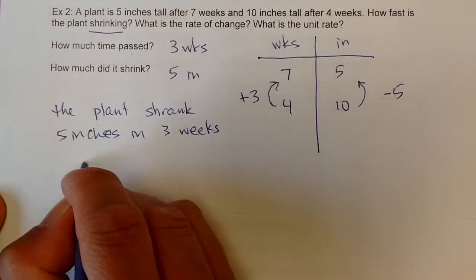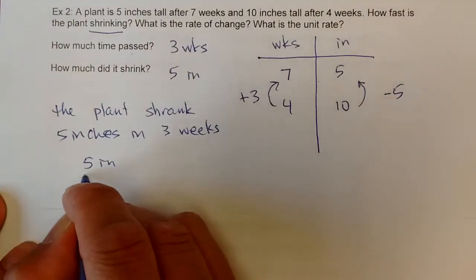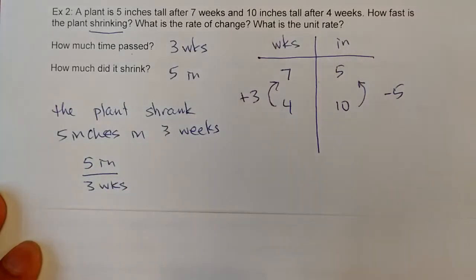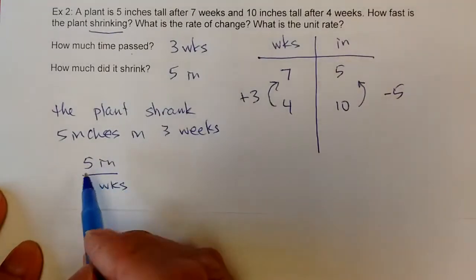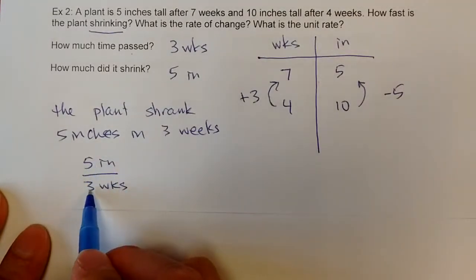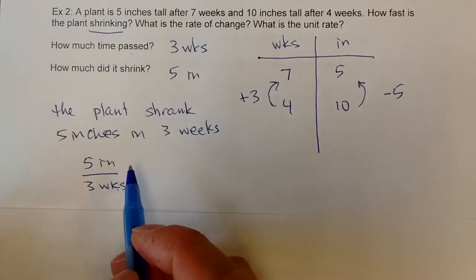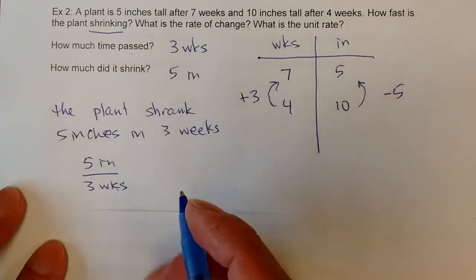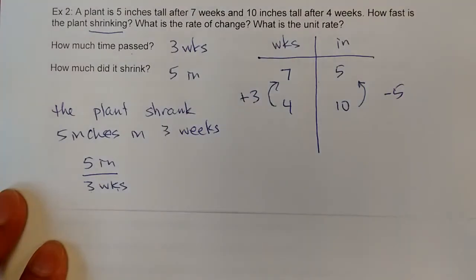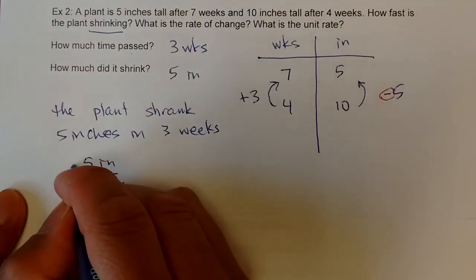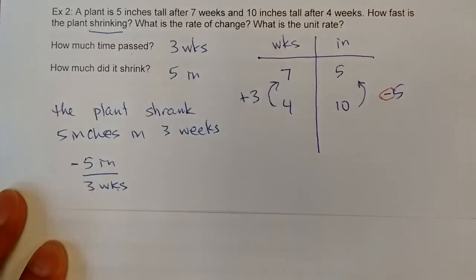So 5 inches in 3 weeks. And then write it as so here's the question. If we write it as 5 inches over 3 weeks, how can we tell the difference between a growing situation and a shrinking situation? Well, the key is this negative that we had here. Since it lost 5 inches, we want to write negative 5 inches in 3 weeks.